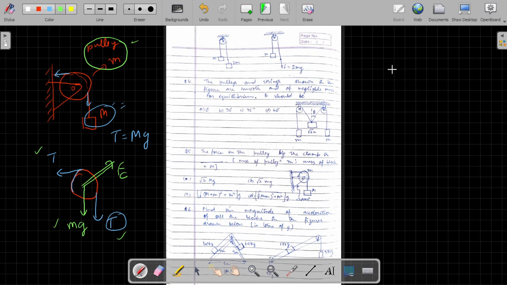If we were to concentrate the whole pulley at a single point, then the tension acting on the pulley is in the vertical downward direction, and this value is Mg. The force acting from the clamp is in this direction, Fc. We can use Pythagoras theorem.